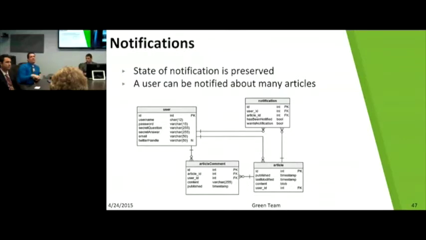And in notifications, we have a join table where a user and an article are joined together, so you can see whether or not they want to be notified. You can use that table as a favorites table as well. So you can say this user is linked to this article, and if they want to be notified, then you can.